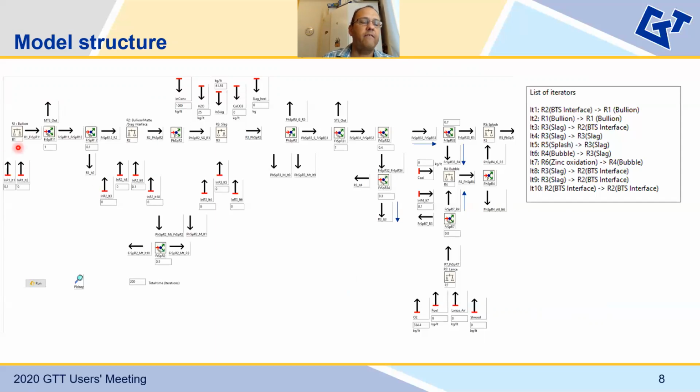There are the reactors, in this case R1, which is the bullion reactor, R2, the bullion-matte-slag interface, the slag reactor R3, the bubble reactor R4, and R5, the splash reactor. I'm not showing here the whole flow sheet because it isn't compatible with the space that I have available for the slide. So I'm showing only the main part of the flow sheet.